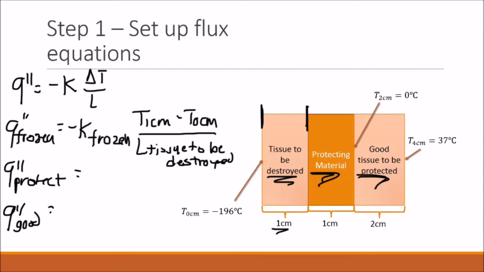And once we have three equations for each of the heat fluxes, because we determined that the layers are in series, we know that these three equations are equal to each other. So we can set them equal to each other and solve for any unknowns that we have.